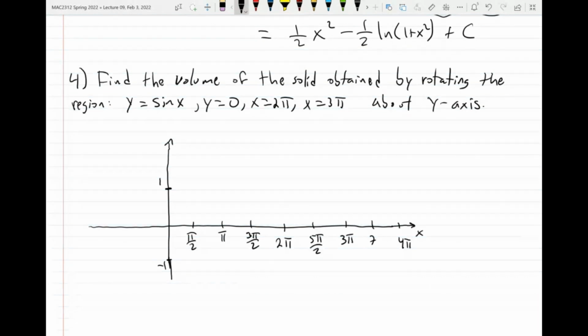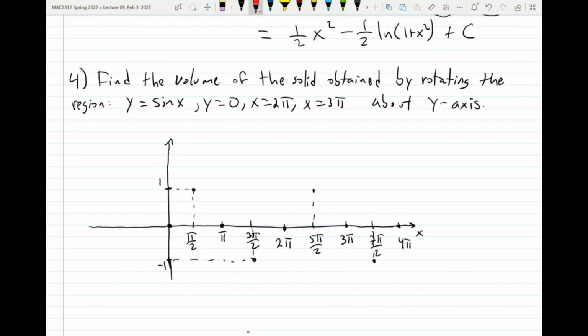And just for completeness, let's do this one. That's 6 pi over 2, and then 7 pi over 2. Okay, so the sine function begins down here at 0, then up here at 1, down at 0, then -1, back to 0, and then continue the same thing. 1, 0, -1, 0.